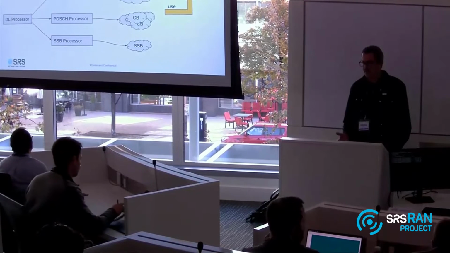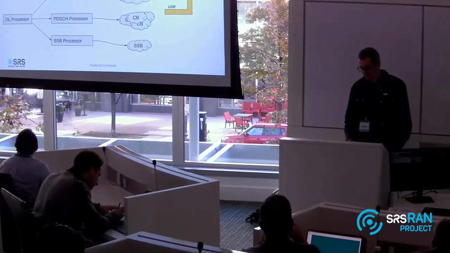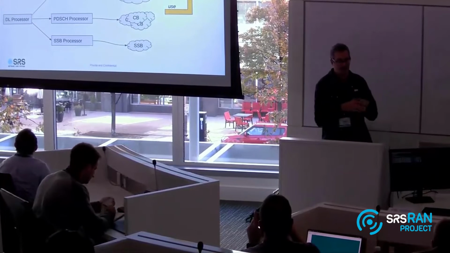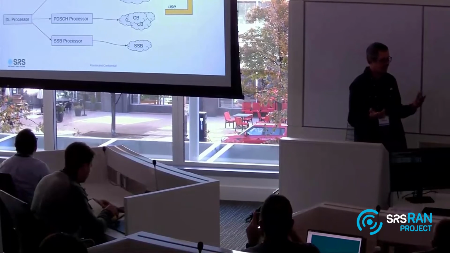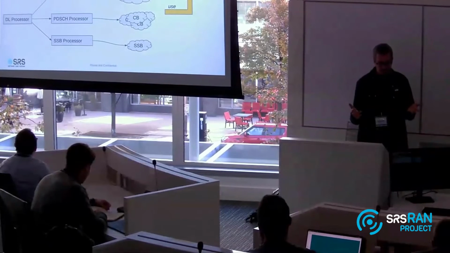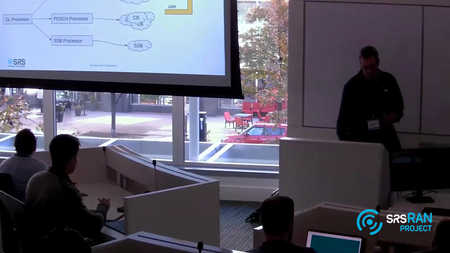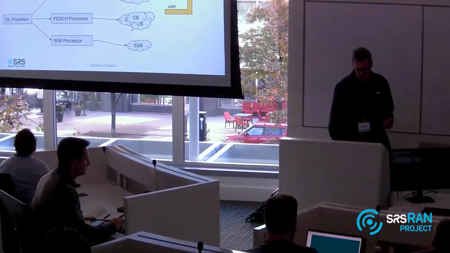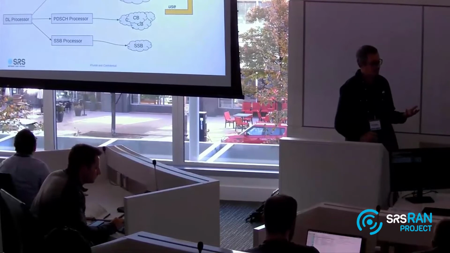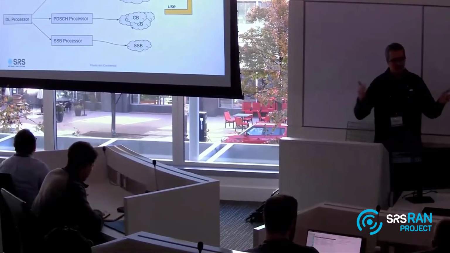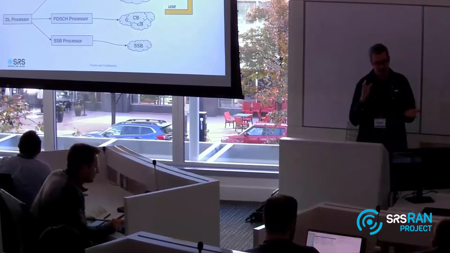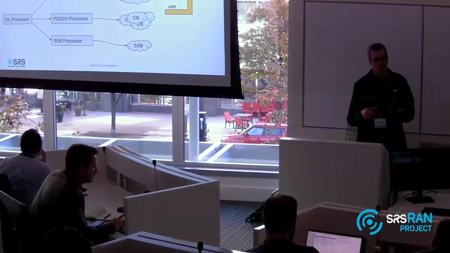In most cases, the tasks are simple and small, like generate the PDCCH grant, the entire message, or generate the SSB signal. But in the case of the PDSCH, since a single transport block can be a very long task, it is further divided into code blocks.